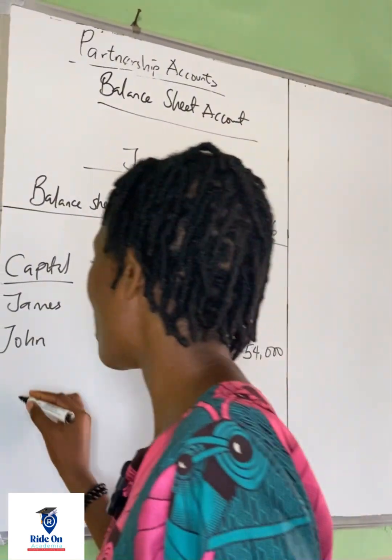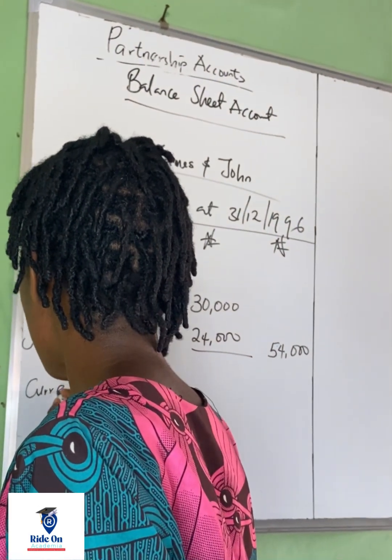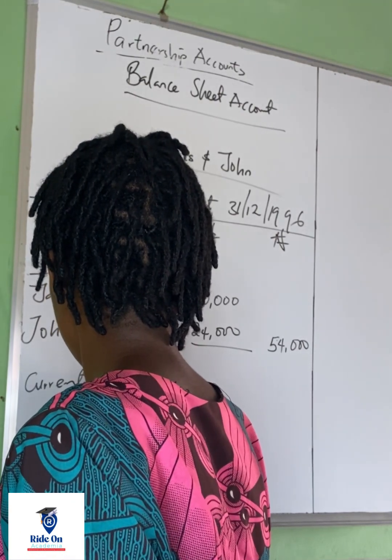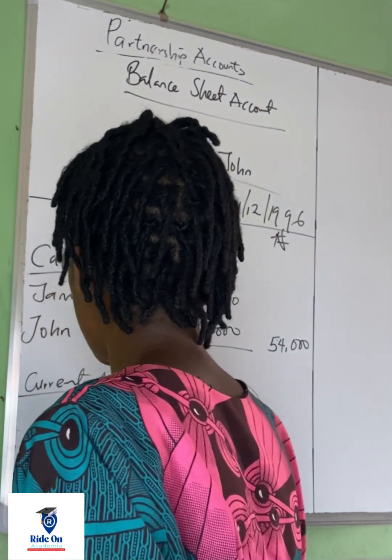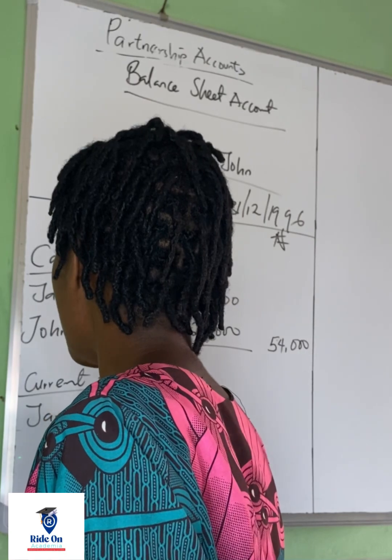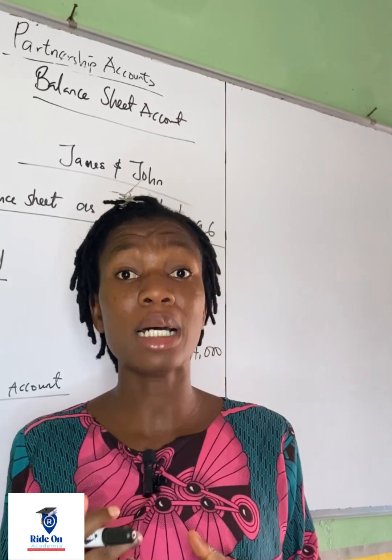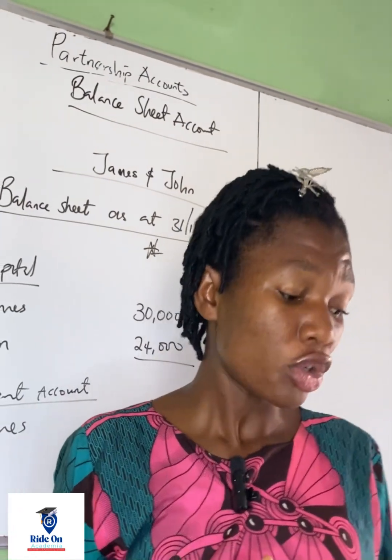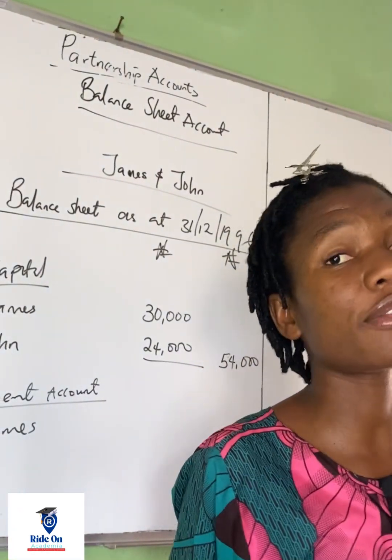And then the next thing we have is our current account, where other information was dealt with. Our current account will still be bringing in our balances. In our previous video we saw that for James we have a balance of 4,653 naira.